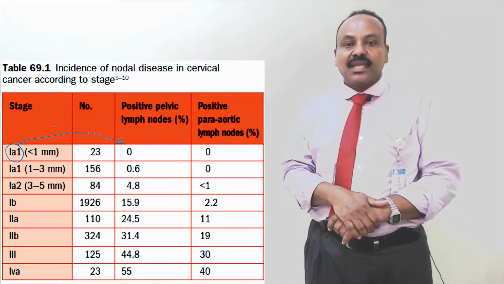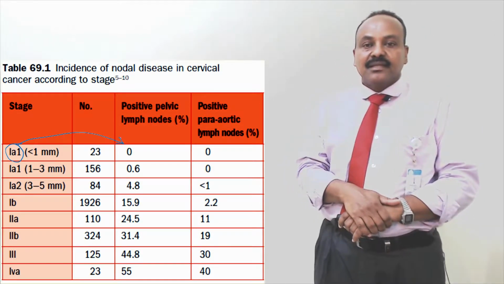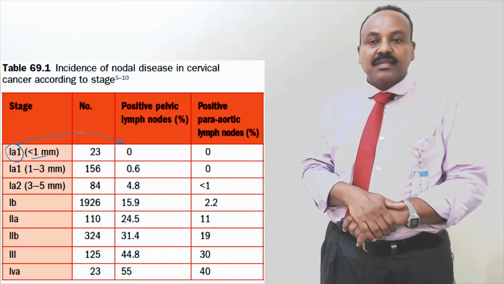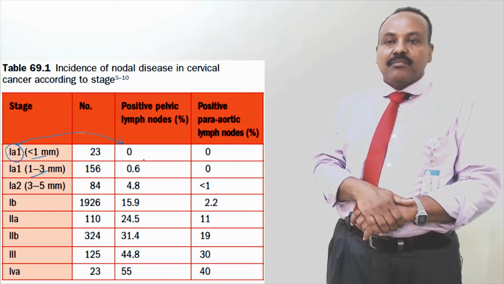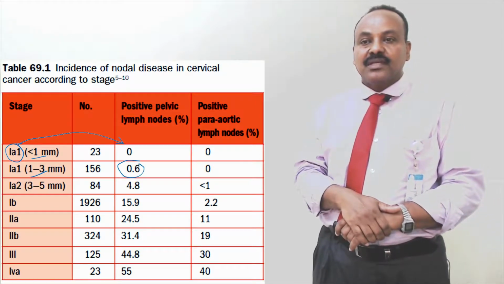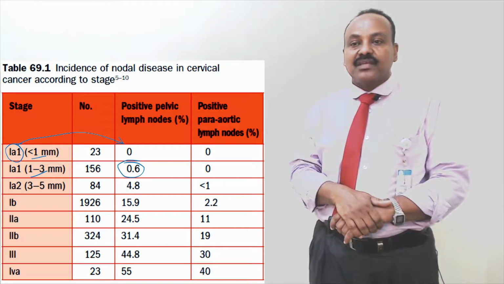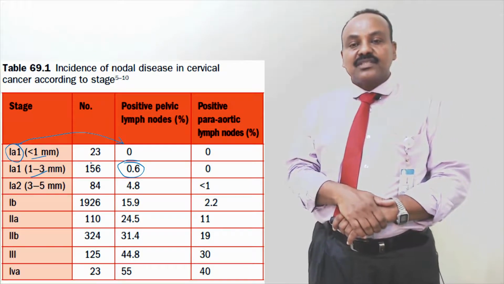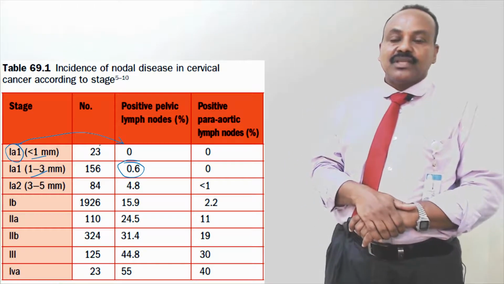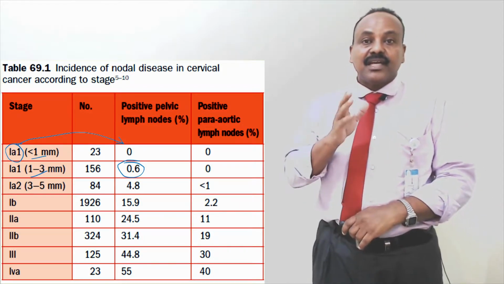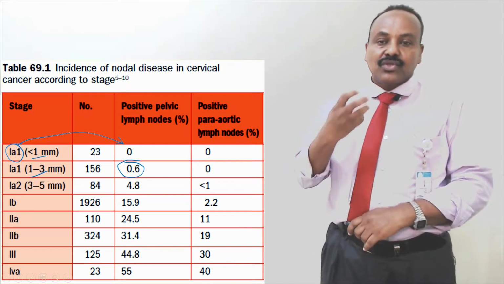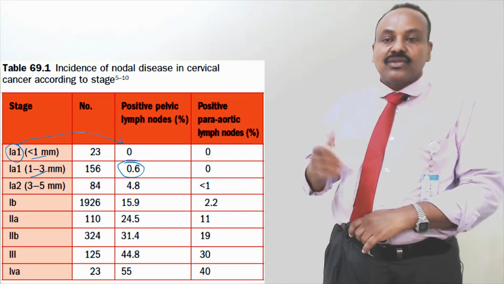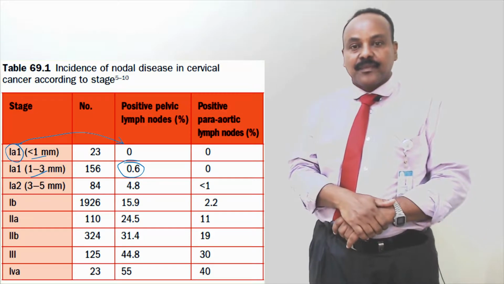As you could see here, stage 1A1, less than 1 millimeter, or 1.3 millimeter, the chance of pelvic node is 0, and para-aortic node here is 0. This leads to a good prognosis after you treat the patient surgically, because you clear the cancer completely and there is no lymph node involvement.